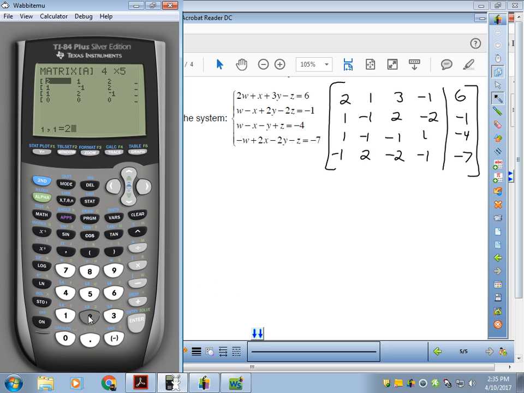And then we just fill it in, so 2, 1, 3, negative 1, 6, 1, negative 1, 2, negative 2, negative 1, 1, negative 1, negative 1, 1, negative 4, and then negative 1, 2, negative 2, negative 1, negative 7. I usually like to, after I type it out, go back and verify really quick that I did it right.